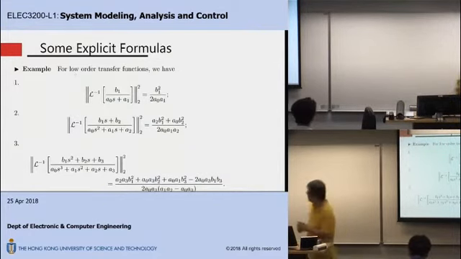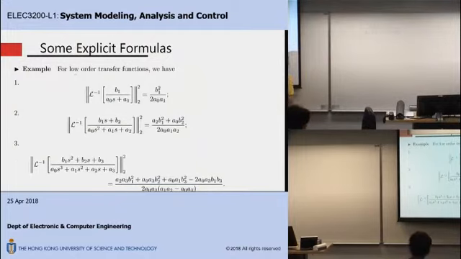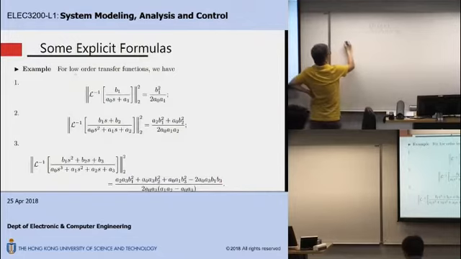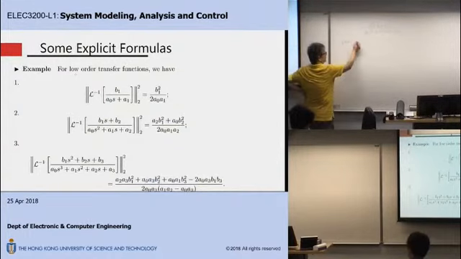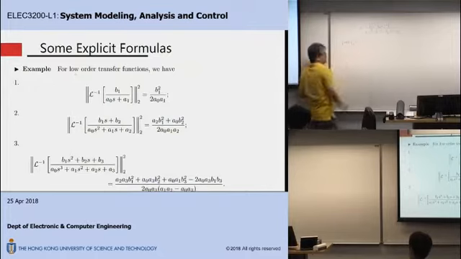This is our general third order strictly proper rational function. So we wish to compute the 2 norm of x(t). Okay? That's what we want to compute.